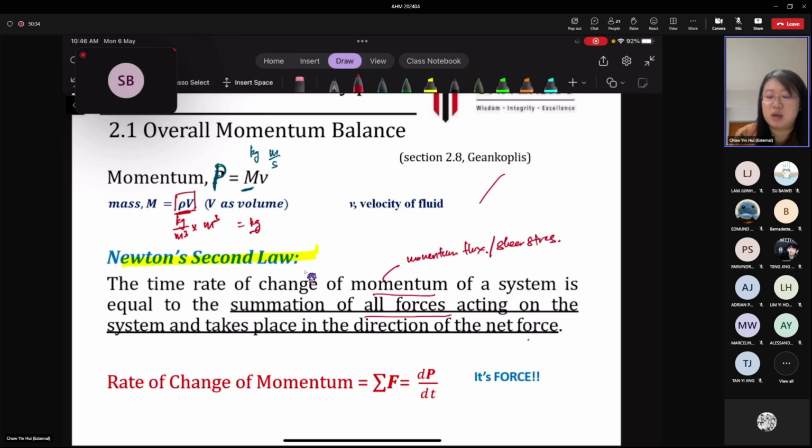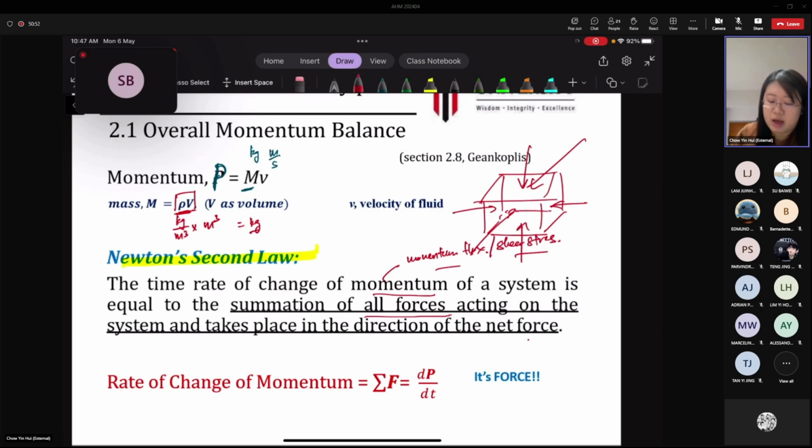So let's say this is the region in space that you choose to analyze. The time rate of change of momentum, or momentum flux, or shear stress, is equivalent to all the forces that act on the system, but in the direction of flow.